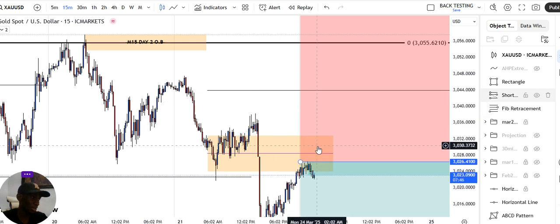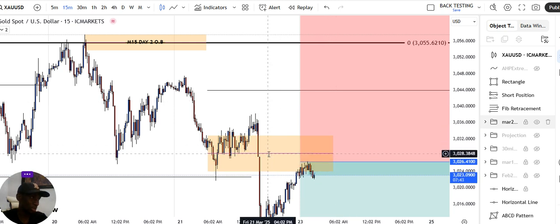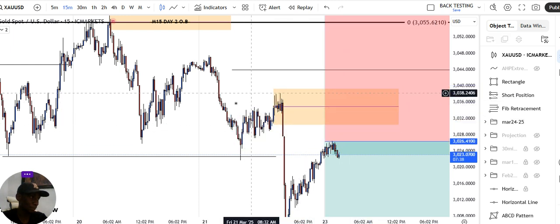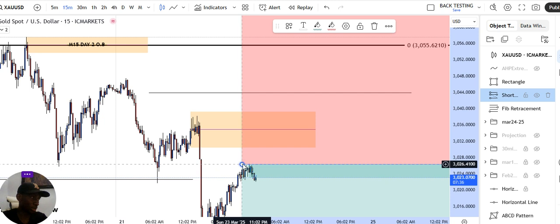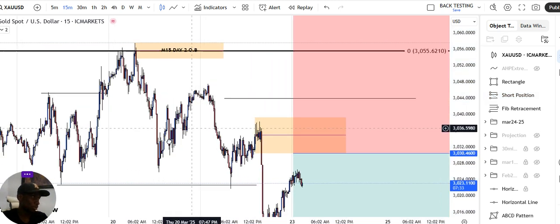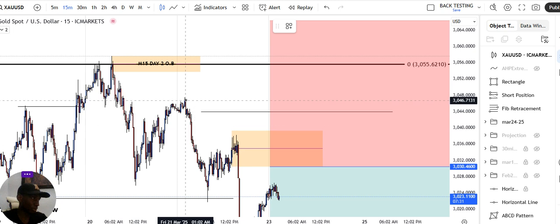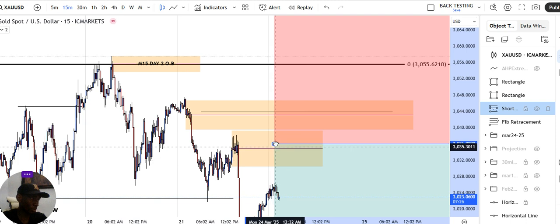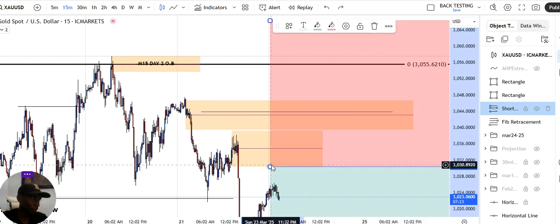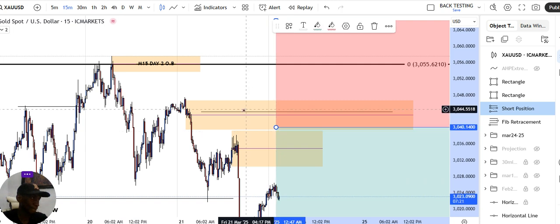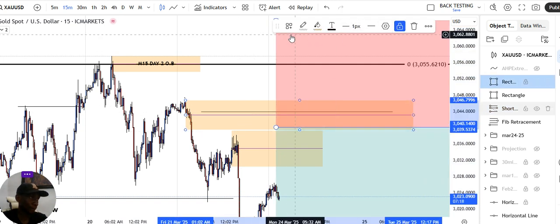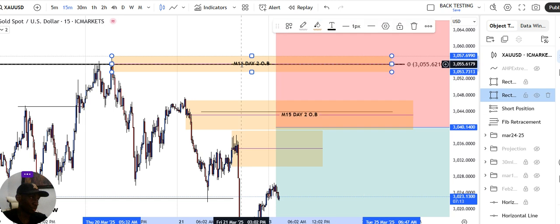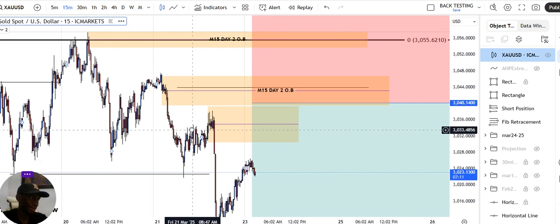For big accounts, this is a good place to also target, but I'm looking at this point here, or even rather this point. So small account, big account, that is just it.